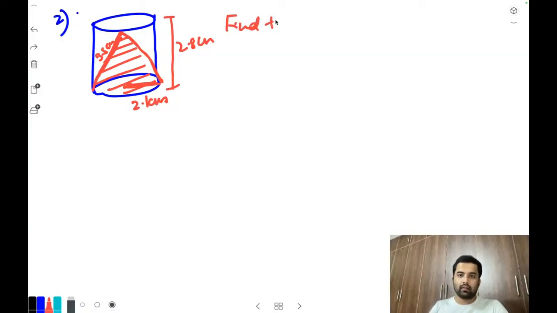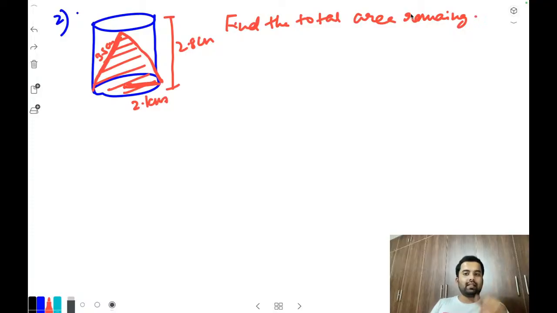Find the total area remaining. Question is this. Imagine it. You have one cylinder shape. Inside part, you have taken out that cone shape. The question is asking what is the total area remaining. Can you imagine that?